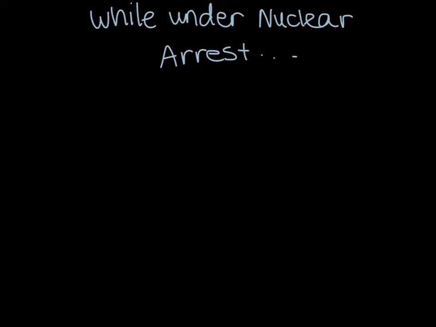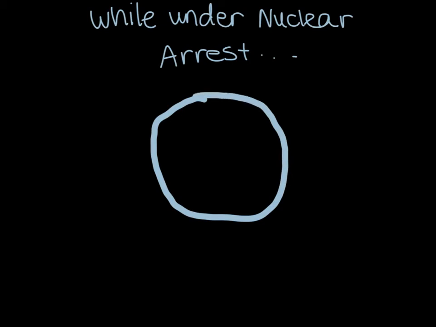So this is what the oocyte will look like once it has a Zona pellucida. I'm going to represent the Zona pellucida with this thick blue line, and the zona is kind of analogous to the shell on an egg.